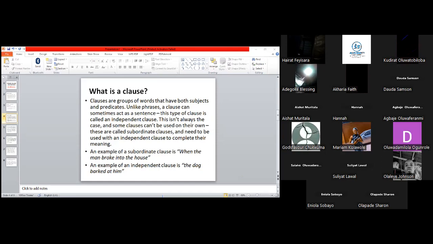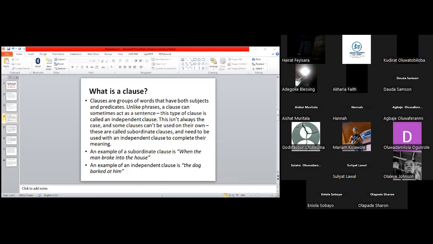So now, we have been given an example of a subordinate clause, and an example of a main clause. By the time we join these together, you realize that we form a complete thought. So we can say, the dog barked at him when the man broke into the house.